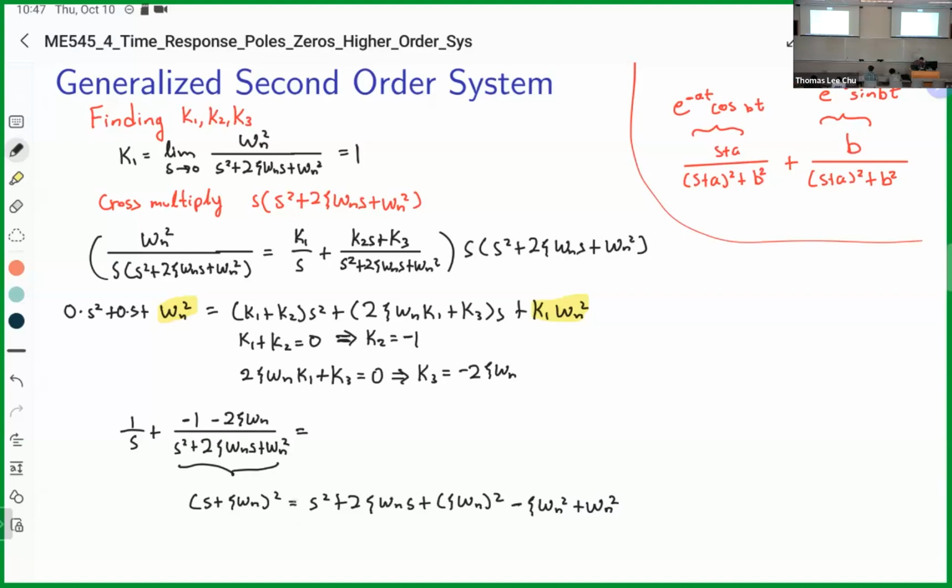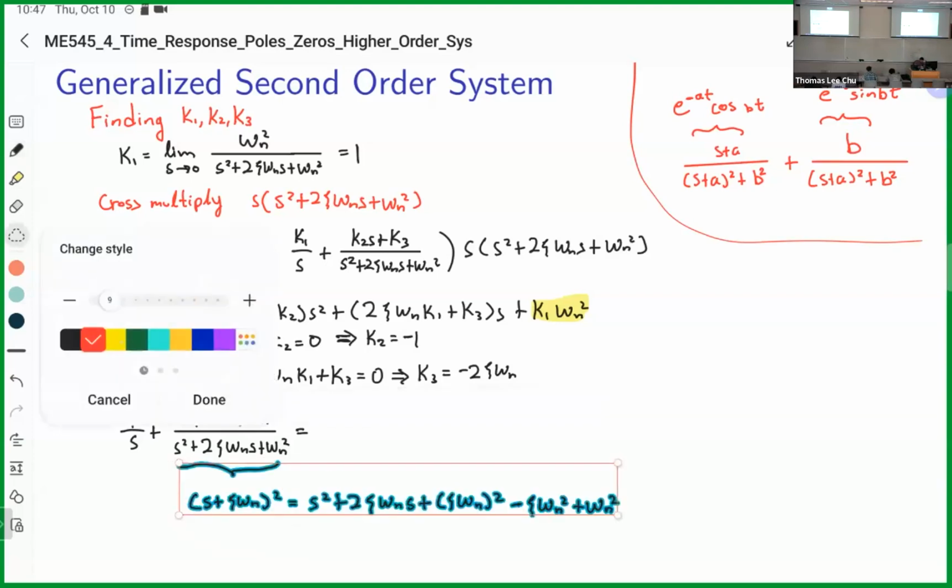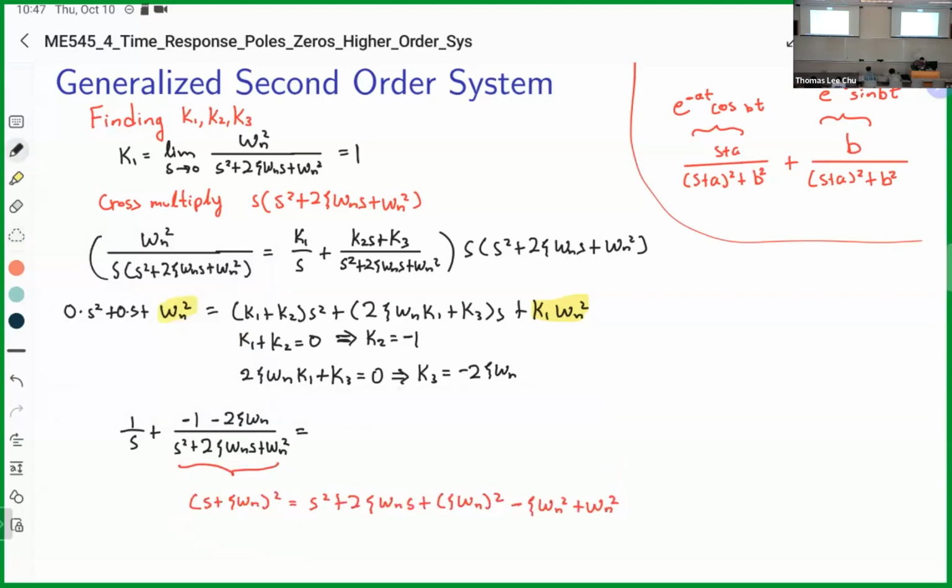So here, and I'll change this into a different color so we can differentiate that. So this becomes s plus, I mean, that's not correct, but I'll just move this over.